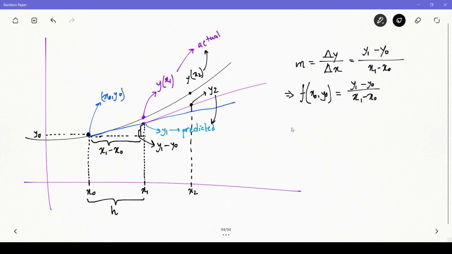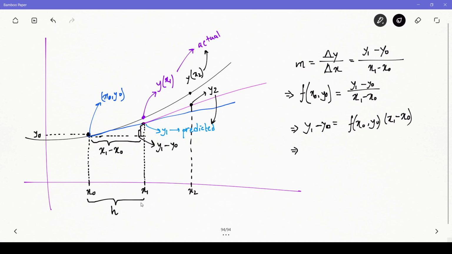Okay, fine. So now that we know this, some simple algebra will help us come up with the formula. Let's take this whole denominator to the top, so we get something like this, right? f of x0 comma y0 times x1 minus x0. Fine.